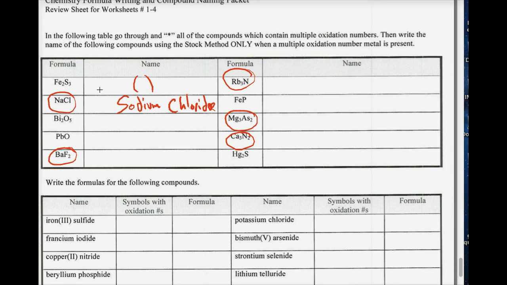And you can see that Fe is iron, and S is sulfur, which turns into sulfide. I have to do a little investigating. Again, I start with the negative and work backwards. I know sulfur is -2. If sulfur is -2, I have overall charge of -6.